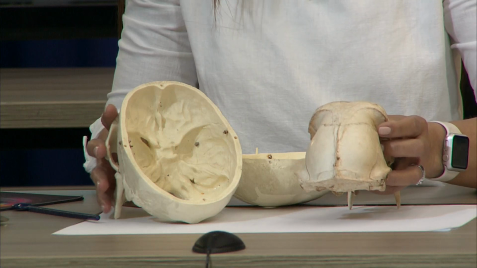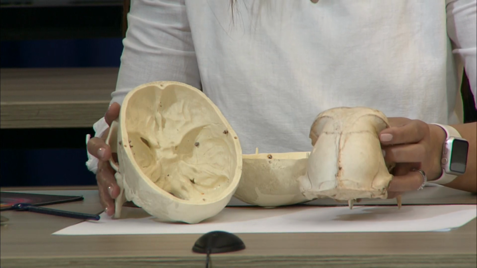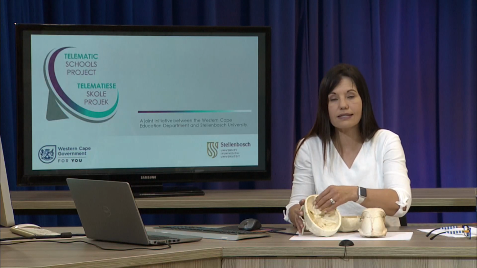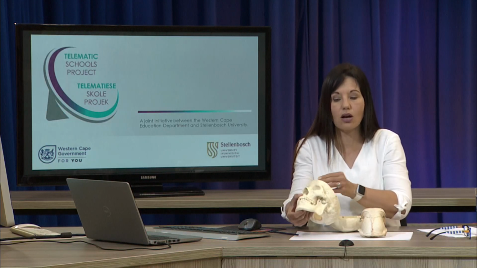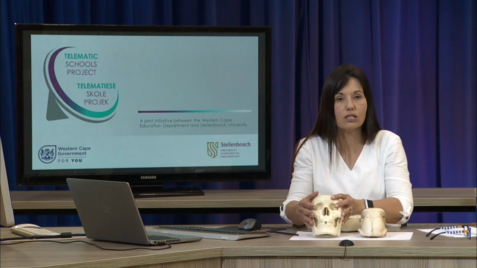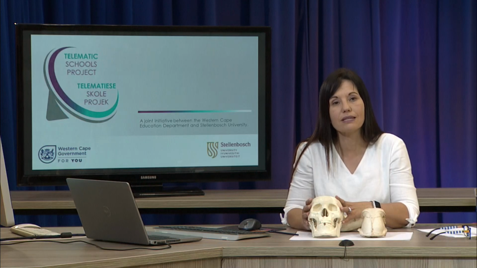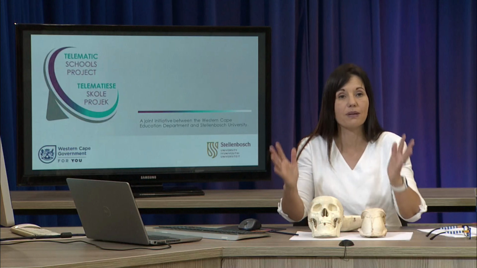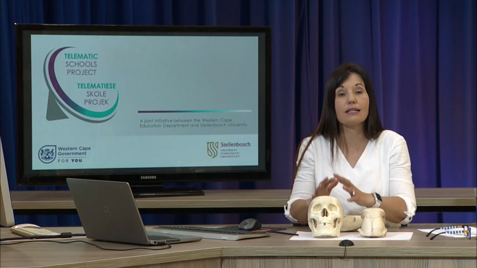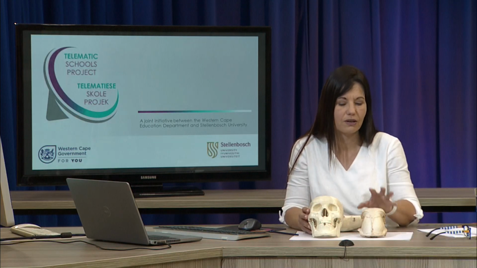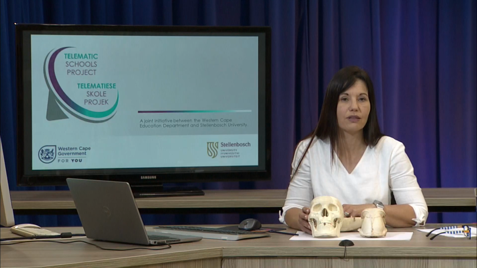Now, first of all, grade 10s, please make sure that you understand the difference. We cannot say that the skull is smaller or larger, because a chimpanzee is a lot bigger than a human, so its skull will be bigger than that of a human. We can't really compare a baboon with that.